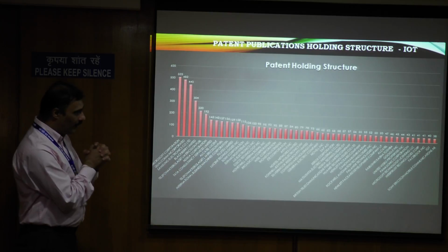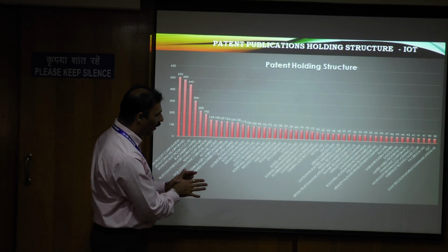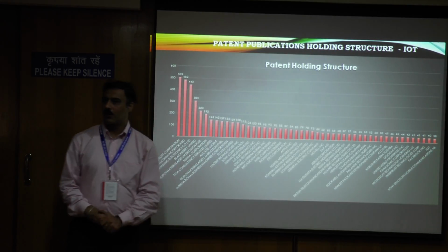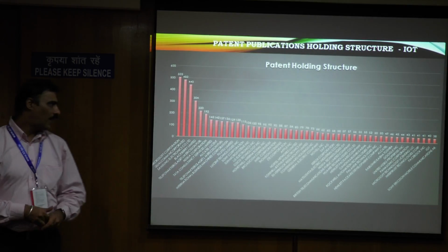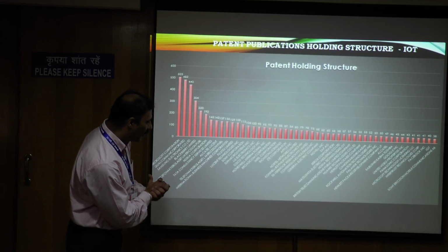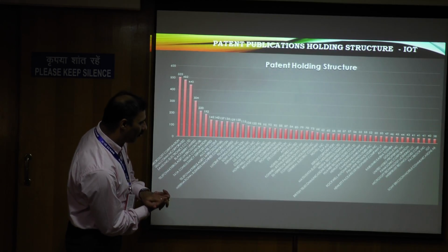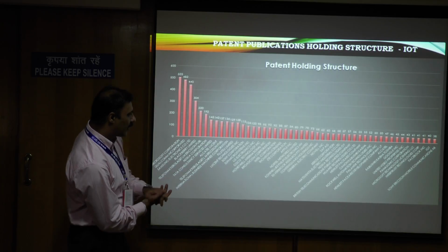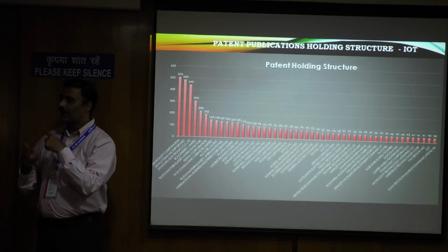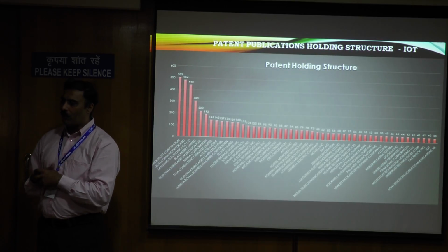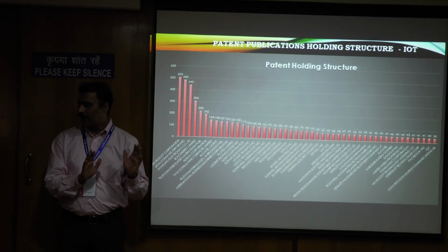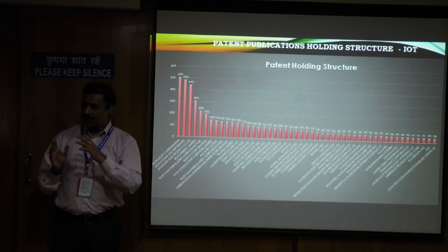Now, if you see, for example, Rockwell Automation, if I am correct, is not related to telecom, or Novel. They are doing Internet of Things on a different scale. So what are my objectives? If my objectives are different, I can delete them from this and then reanalyze the segment which I am looking for.